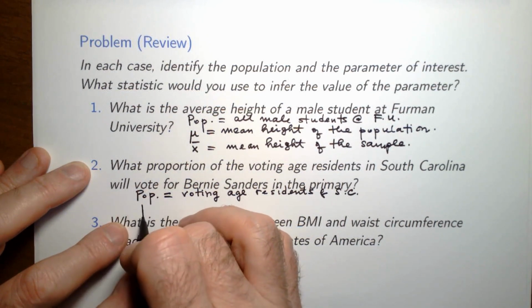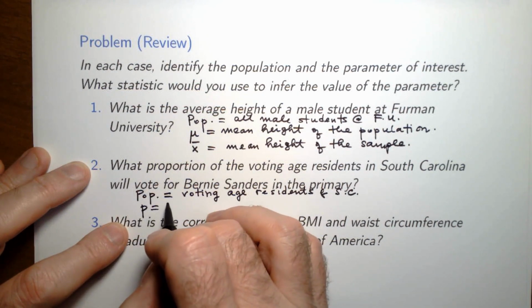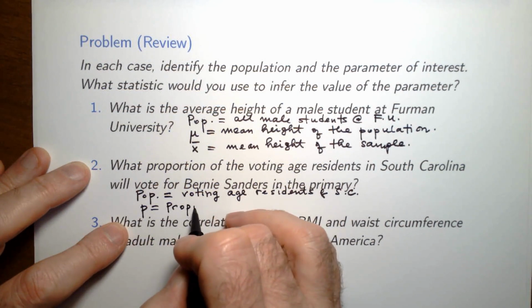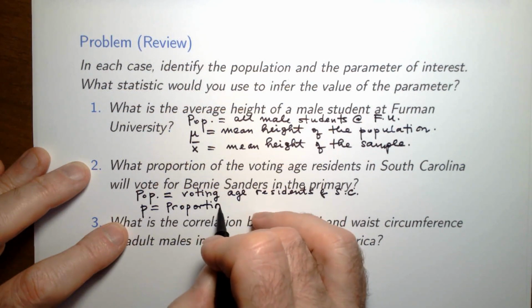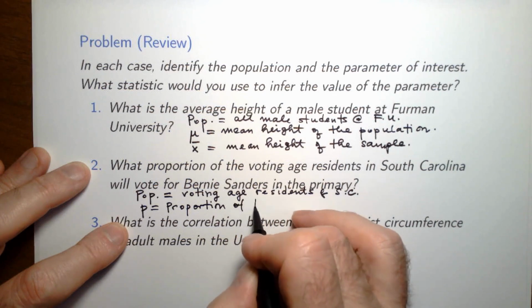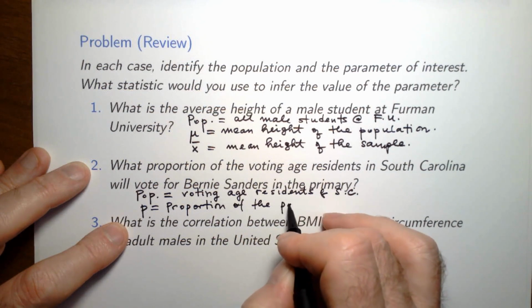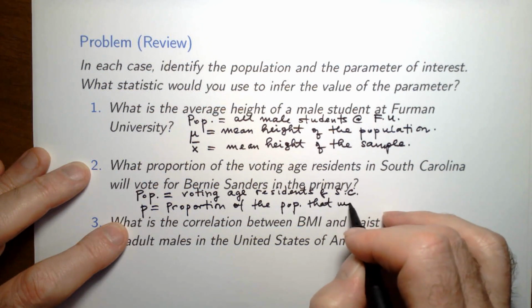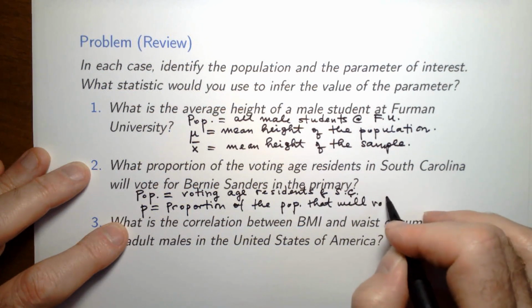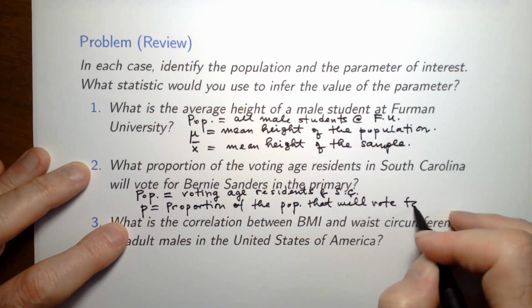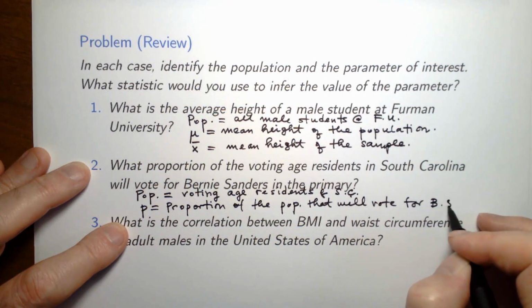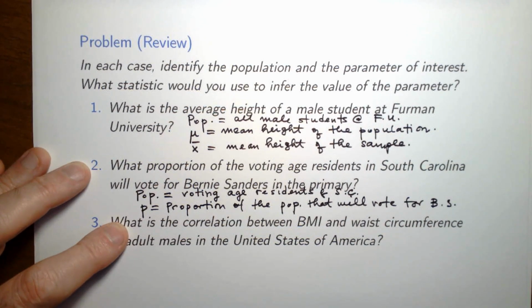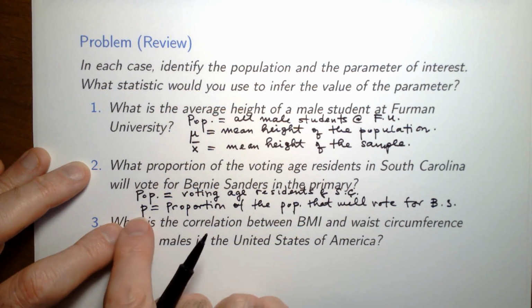So we're going to call that P. This is the proportion of the population that will vote for Bernie Sanders in the upcoming election. What statistic would we use?